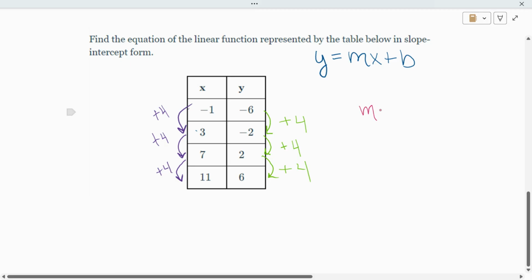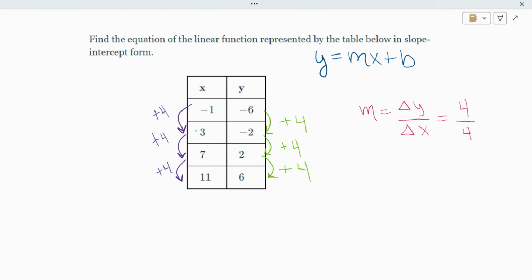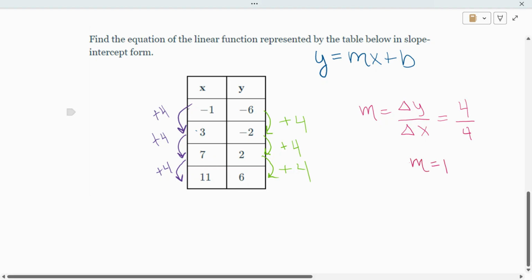Remember, your slope is your change in y over your change in x. My change in y is 4, and my change in x is 4. So what does that make my slope? 1. That means my slope is 1.